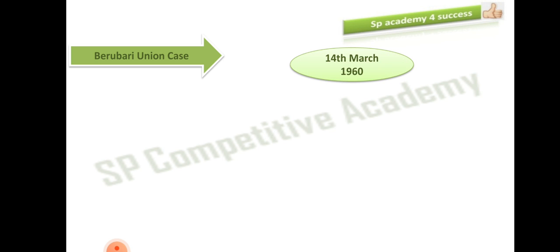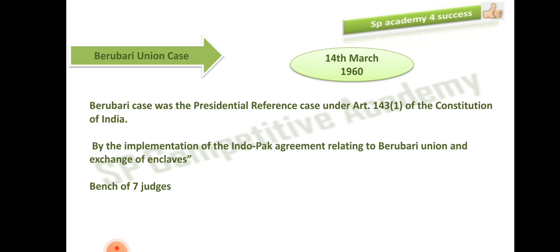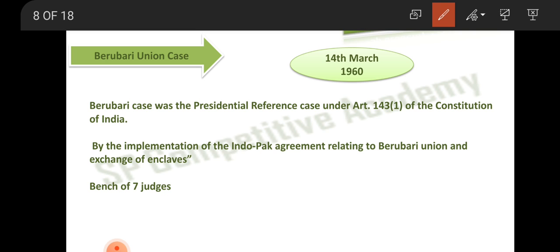This Beruberi case took place on 14th March 1960. If you go into the details, the Beruberi case was a presidential reference case. That is, it comes under Article 143 Clause 1 of the Indian Constitution. So what is this Article 143 Clause 1? That is important. You have to know about this.